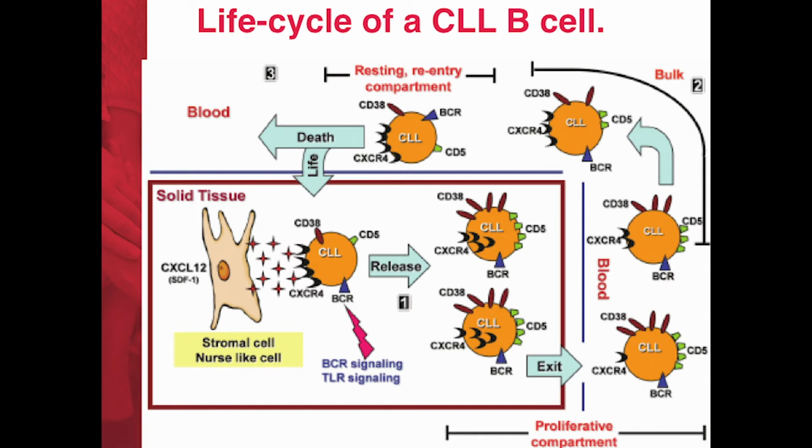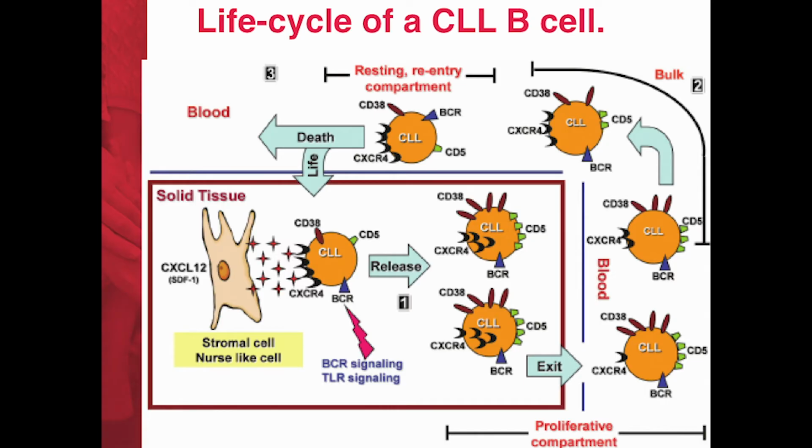And the more aggressive CLL cells, with the genetic changes that cause them to be more aggressive, respond much more strongly to these signals and grow much faster, and that's why patients accumulate many more CLL cells in that case.